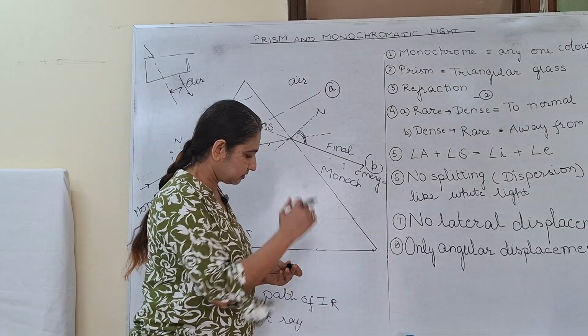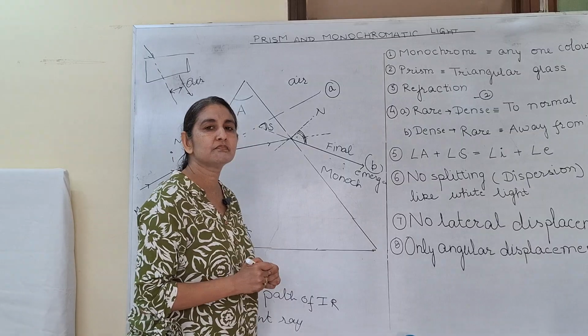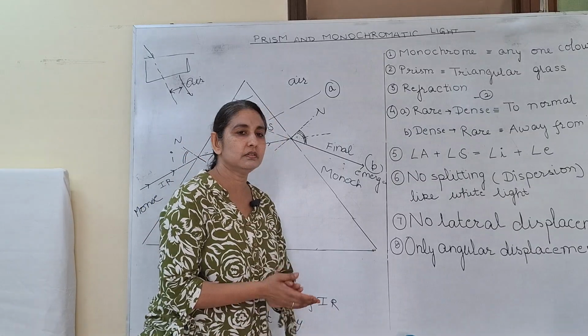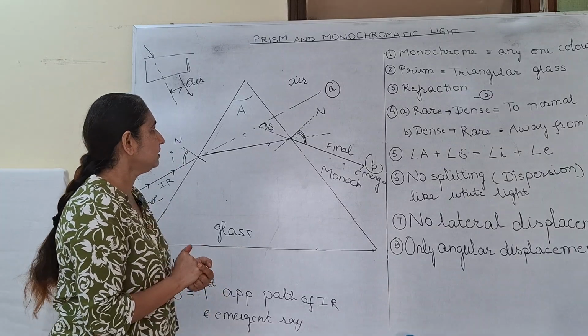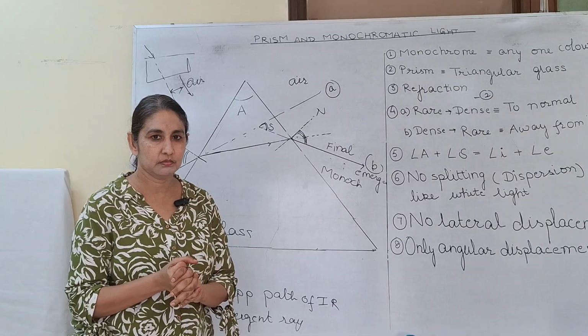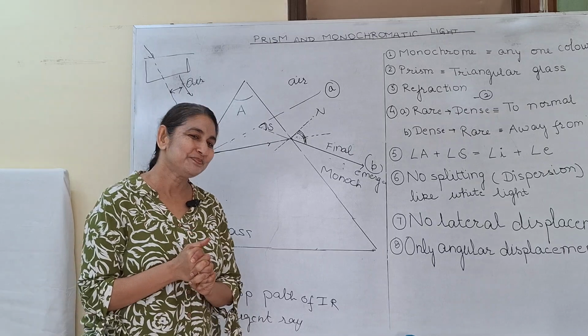So I hope you've understood the entire concept of monochromatic light and what is happening to it when it passes through a prism. Thank you.